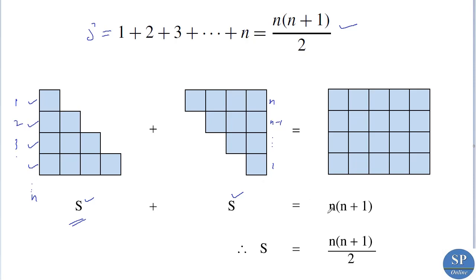So n into n plus 1 will be here, because there are n rows and n plus 1 columns. If you take 4 rows and 5 columns, in this case we get n into n plus 1. So 2s is equal to n into n plus 1, so s is equal to n into n plus 1 divided by 2. This is the demonstration of this formula.